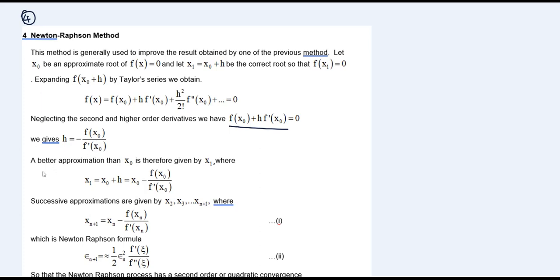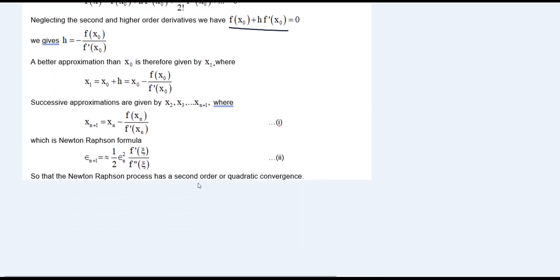Basically what we have done, f dash x naught is the tangent. I will show by figure what this means, how we get this, what this solution means. So a better approximation than x naught is given by x1, where x1 is x naught plus h, which is equal to x naught minus f of x naught by f dash x naught.